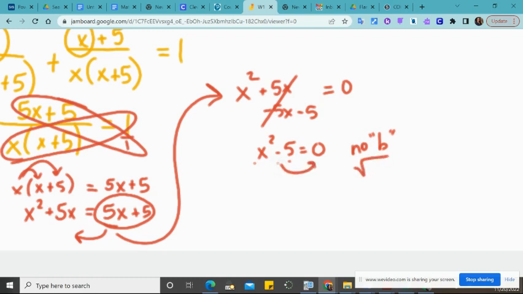So now I've got to move this back over there. X squared equals 5. Take the square root of both sides, and technically you take the positive and the negative. So this is x equals plus or minus the square root of 5.